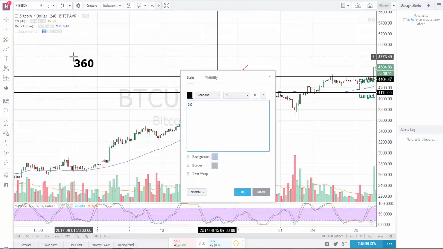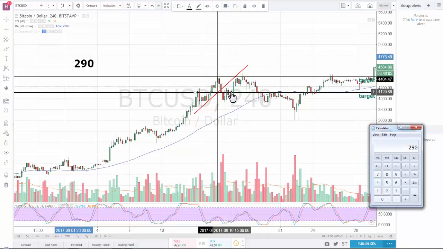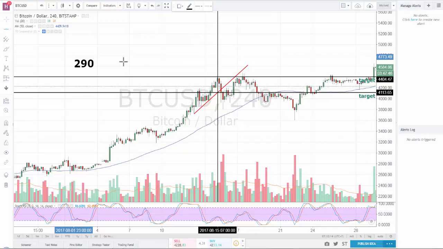Let's put this 2.90 here. And now we need to take the price of the opening candle right after the trend line is broken, which is the same level as the line at the intersection, which is 41.10. So 41.10 minus the 2.90 we got from before, and this is our profit-taking target, 38.20. Let's see if this is true.